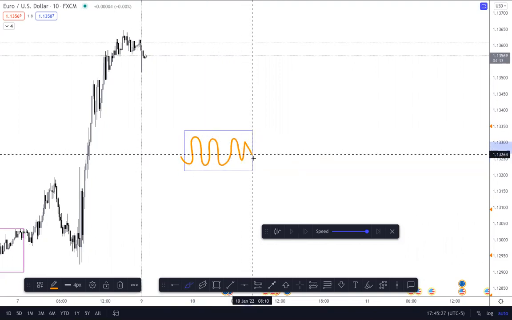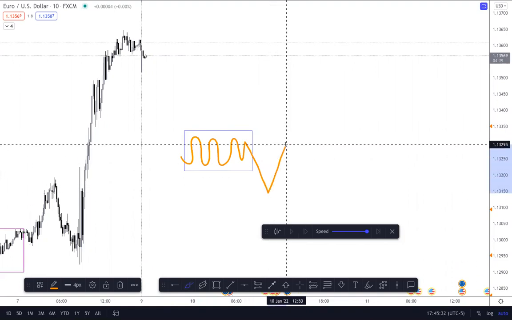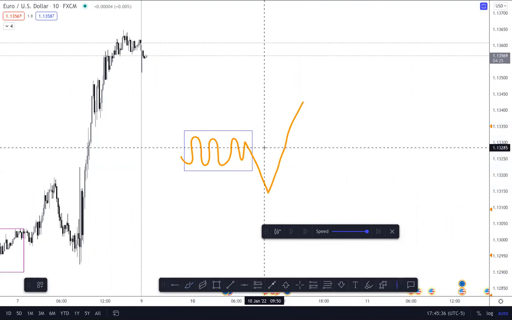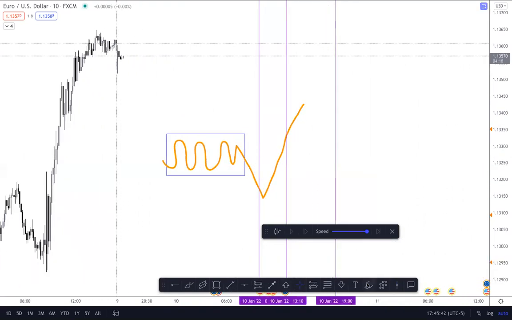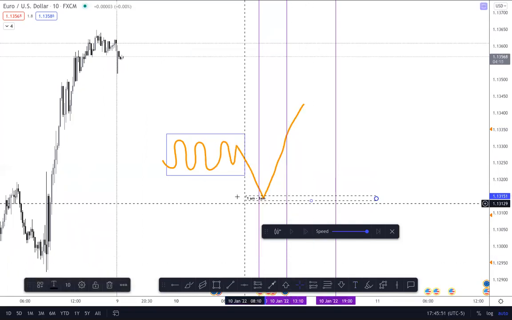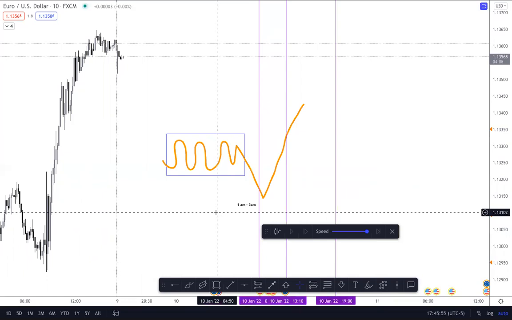Wherever Frankfurt sweeps, London will continue that move. Now, let me go ahead and break this down from a session time point, in the correct session timings. Frankfurt, for me, will be 1 a.m. to 3 a.m. Technically, Frankfurt does open at 2.